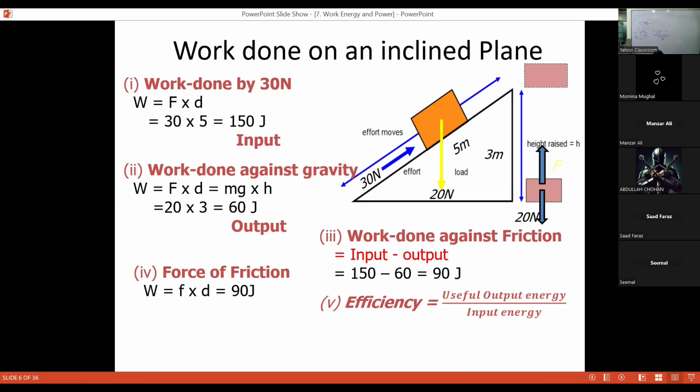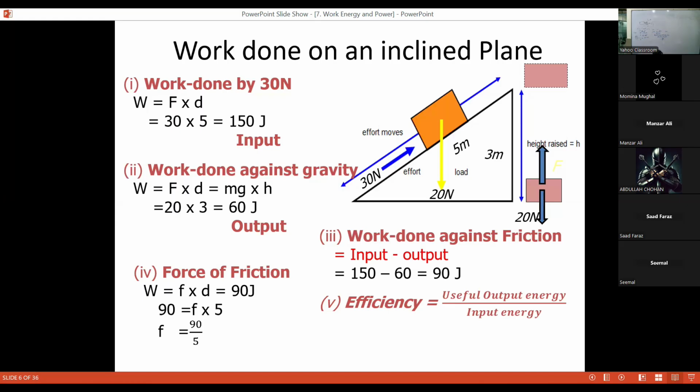You know that work is equal to F into D. In this case, it is 90 joules. The distance the object has moved where the friction was taking place was 5 meters. So D will be 5. And from here, 90 divided by 5 will be your force of friction. So we can't neglect that.